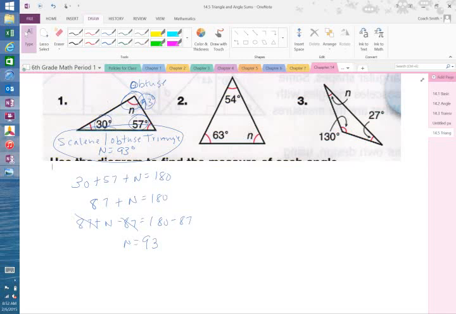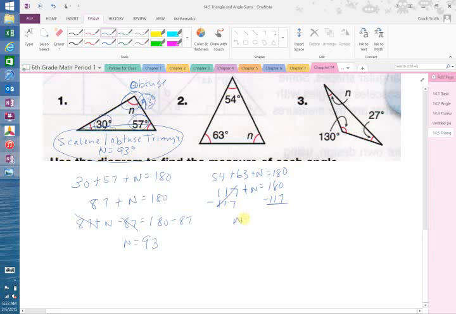The way we can figure out is we take 54 plus 63 plus n equal 180. 54 plus 63 would be what? 117. Plus n equal 180. So I subtract 117 from both sides.